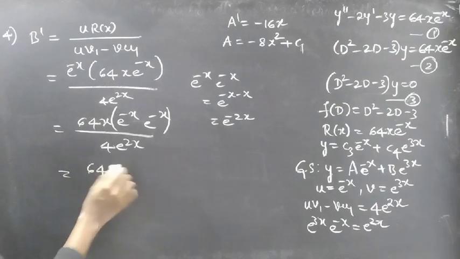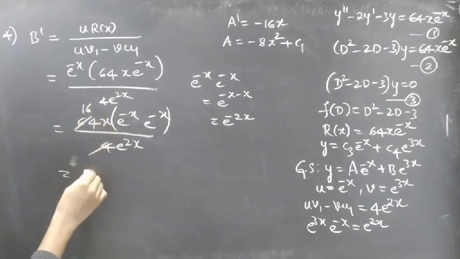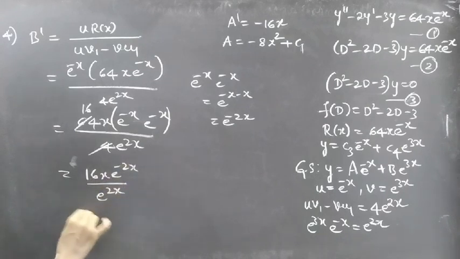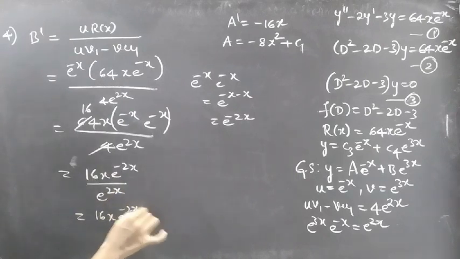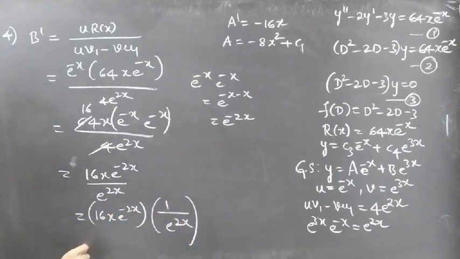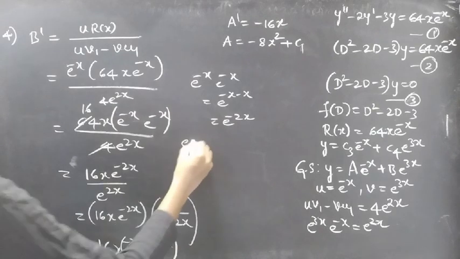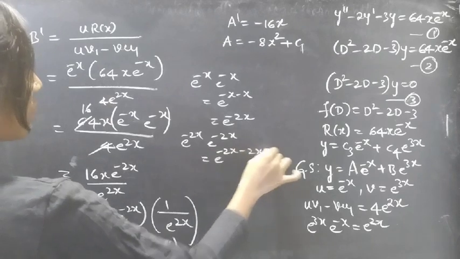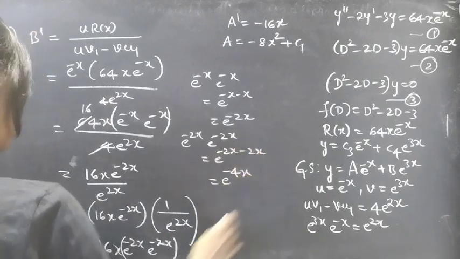Now let's replace e power minus x into e power minus x by e power minus 2x. We'll get 16x e power minus 2x by e power 2x. We can rewrite it as 16x e power minus 2x into the reciprocal of e power 2x. Since we know that the reciprocal of e power 2x is e power minus 2x, we'll get 16x e power minus 2x into e power minus 2x. e power minus 2x into e power minus 2x can be written as e power minus 4x, right?